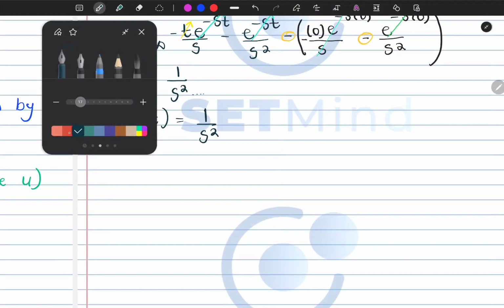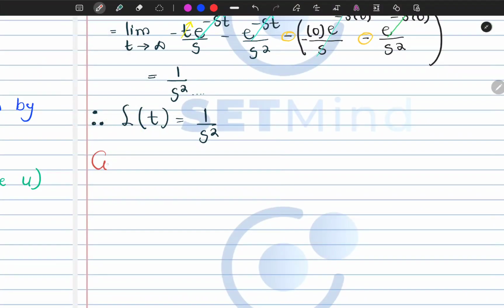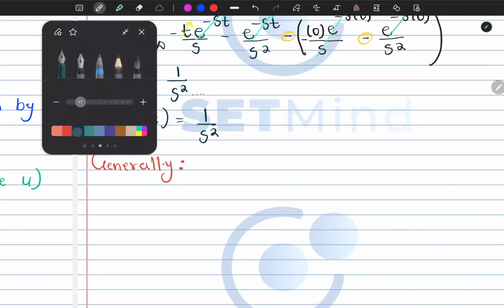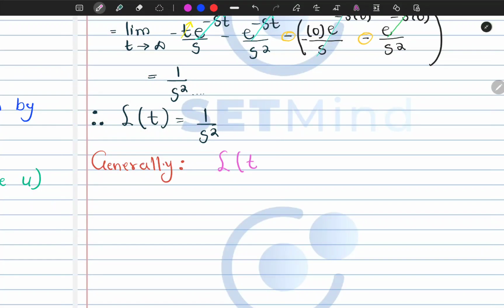And there's something I want to give you as a general formula. Generally, as you do this, what you will realize is that the Laplace transform of t to the power of n will be n factorial divided by s to the n plus 1.